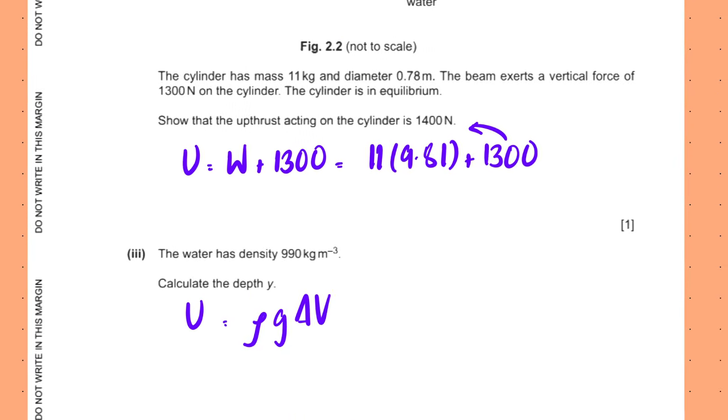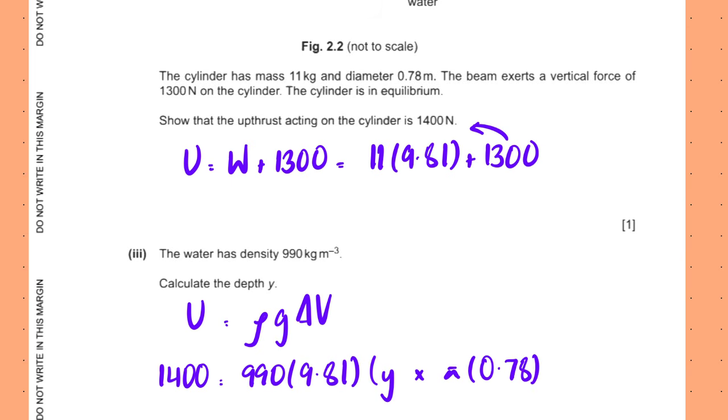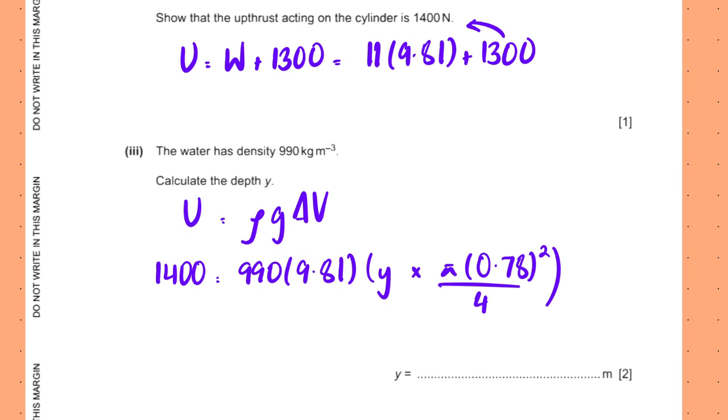So this is 1400 equals 990 times 9.81. The length was y and the area is going to be pi d square over 4, pi into 0.78 squared over 4. And from this, you just try to make y the subject of the equation.